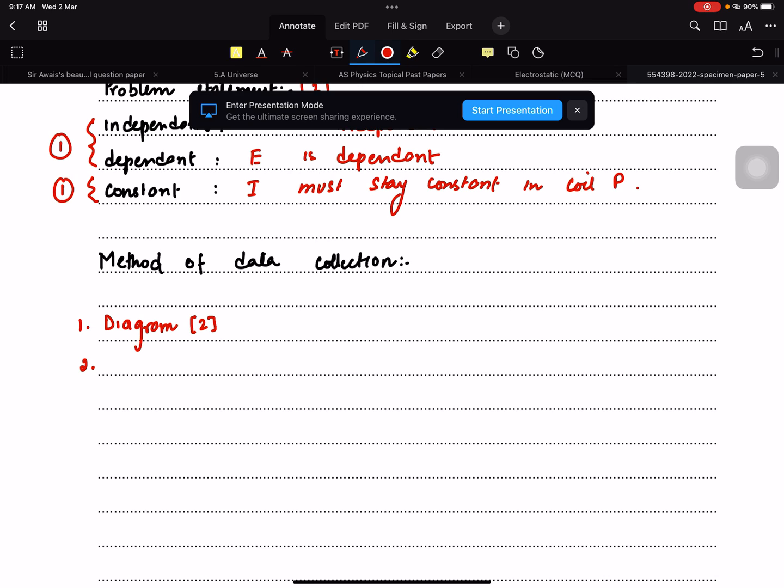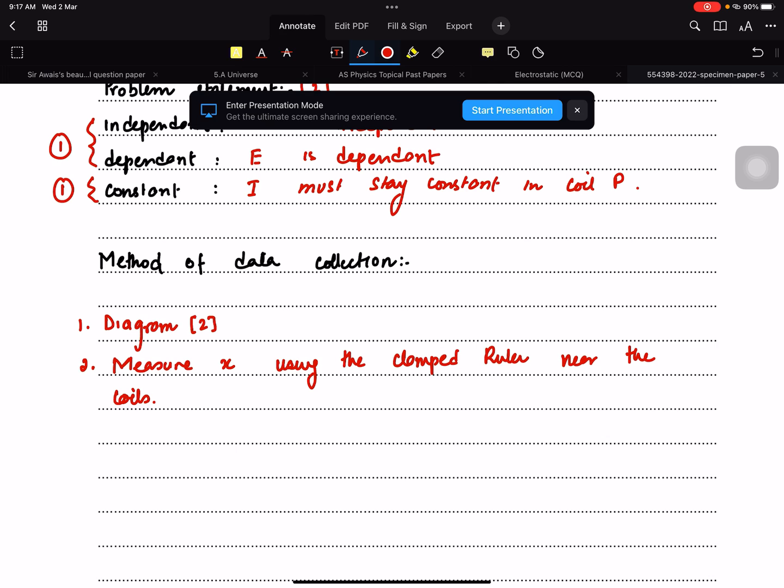For example, you could say: measure X using the clamped ruler near the coils.